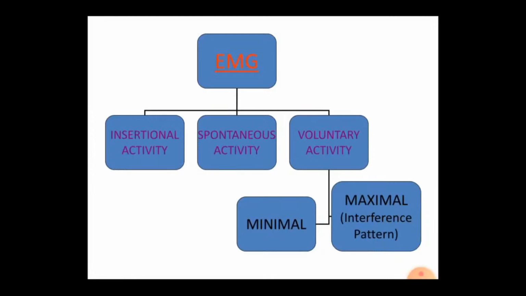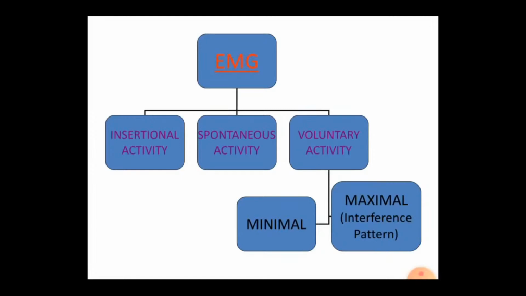The needle is already inside, the examiner is not moving the needle, and the patient is not contracting the muscle, so it is known as spontaneous activity. Voluntary activity means the needle is already inside the muscle and the patient is moving the body part, so the muscle is contracting. With active movement it will be a minimal type of voluntary activity, and it will be with resistance also.